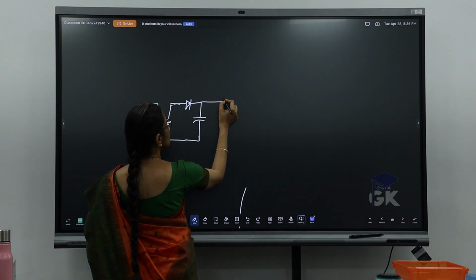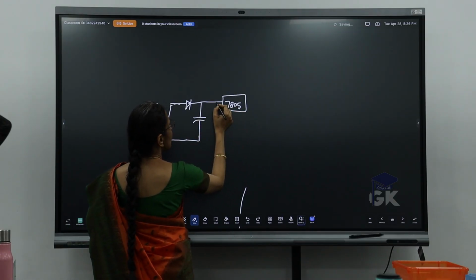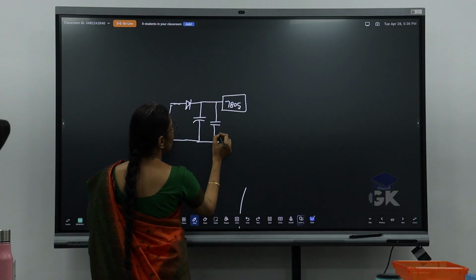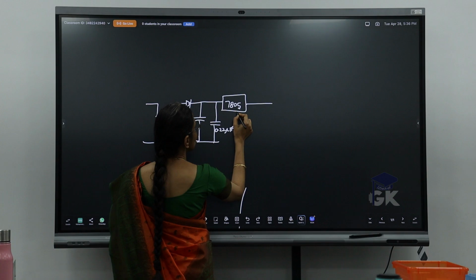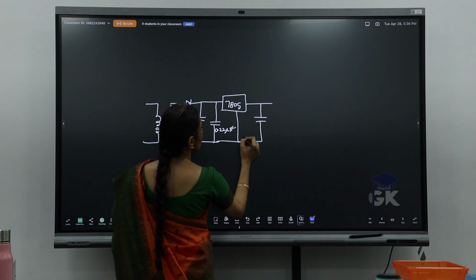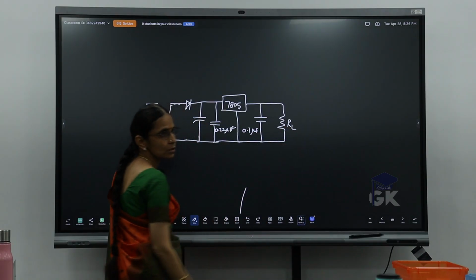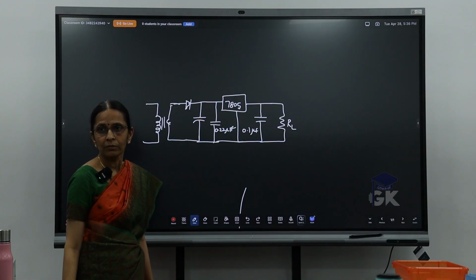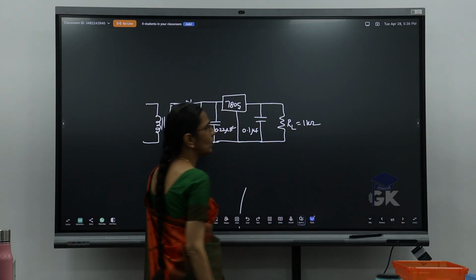Then to this, you connect your 7805, 0.22 microfarad. This goes to ground. Then you have your 0.1 microfarad. Then you have your load resistance. Okay, so load, let's say I keep it at 1 kilo ohm.